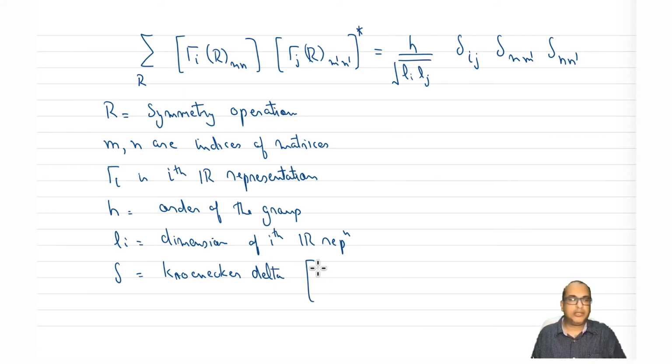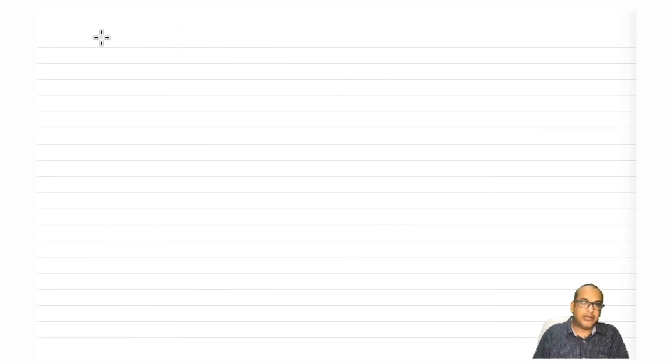It takes the value 0 if i is not equal to j, and takes the value 1 if i is equal to j, and the same is for mm prime and nn prime, right? Okay, so now let us quickly look at the orthogonality condition and the normalization condition.